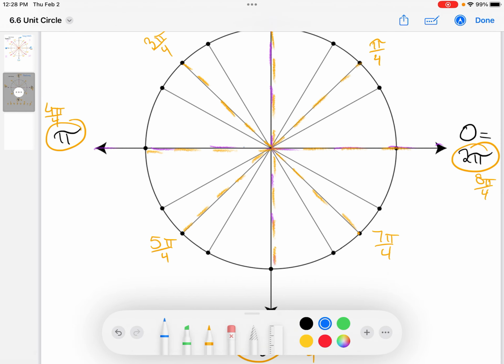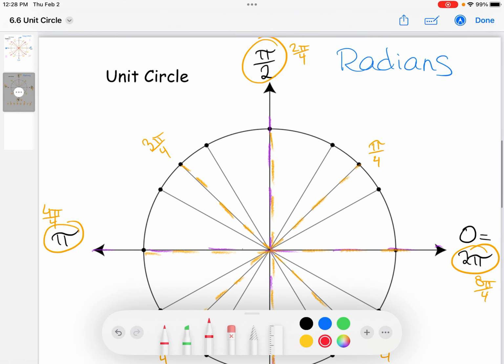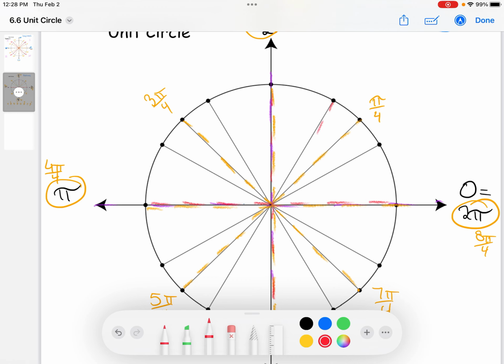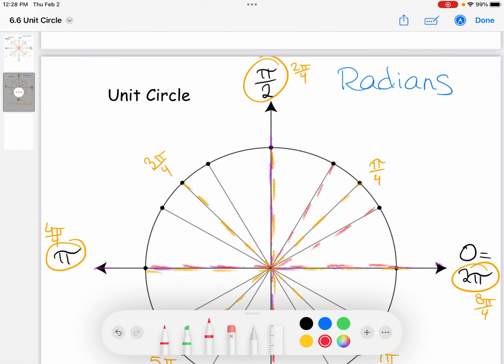Now, we do have another set of angles we need to label, and those are the ones that were a third of the way through the quadrant. So counting the axis, including the axis, and a third of the way through each quadrant. So look at from 0 to 2 pi.